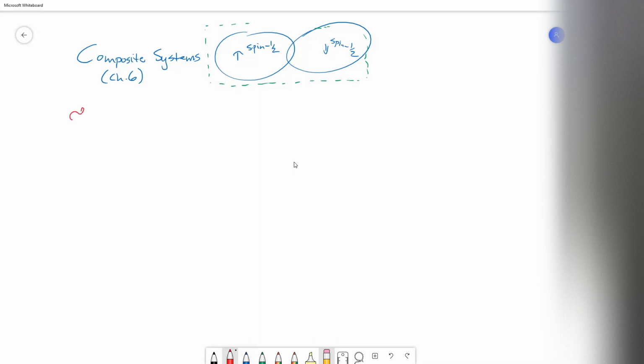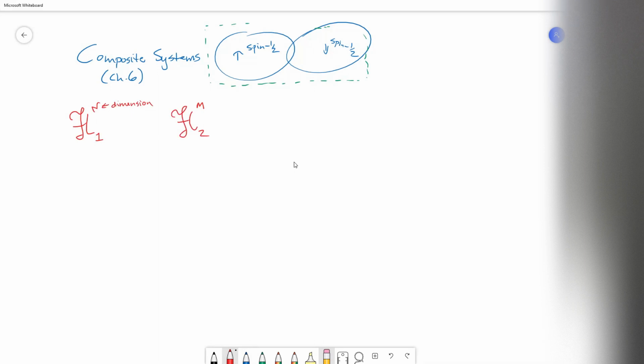So what do you do? You take a Hilbert space for one system, and it might have some dimension n, and you want to combine it with another one, system 2, which might have some other dimension m. And the idea is pretty simple.